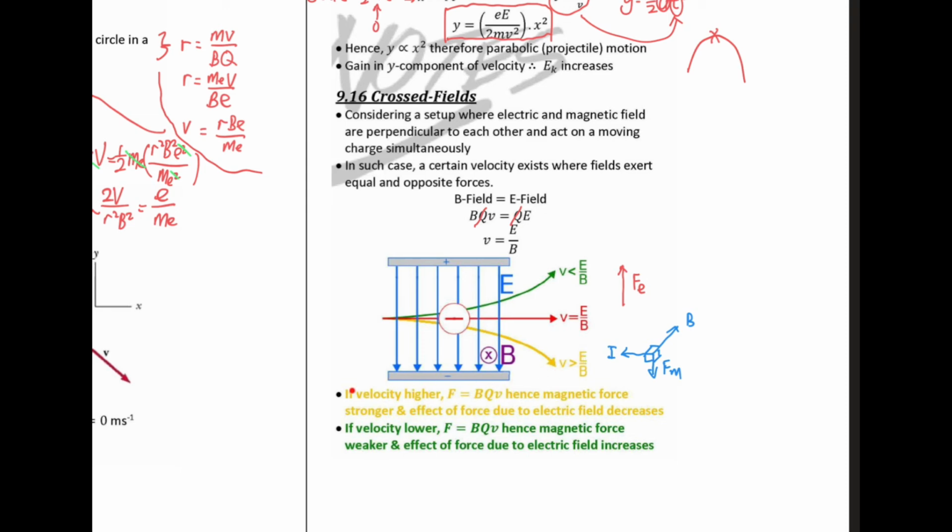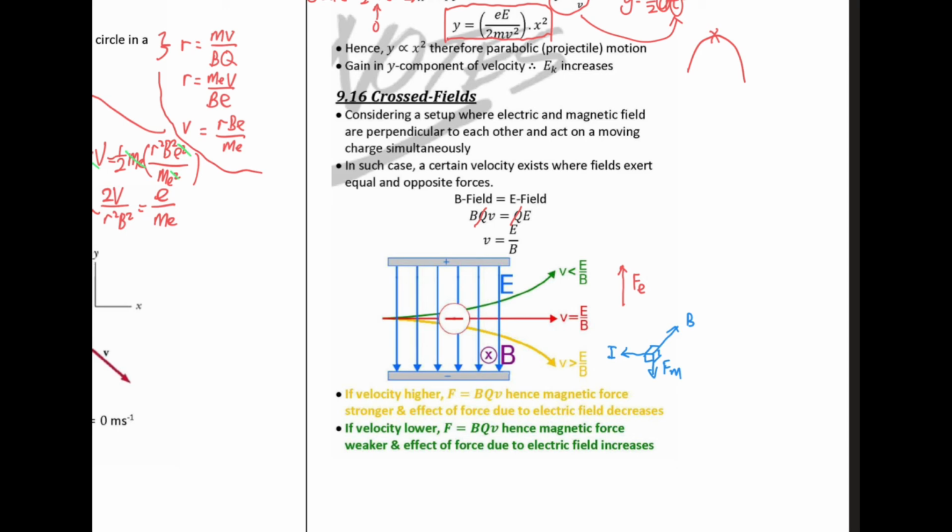So you can see here, if the velocity is higher, that means the moving charge is moving faster, then the velocity will affect the magnetic force. F equals BQV, you see the V is there, so it affects the magnetic force. Hence, the magnetic force is stronger, and the effect of the force due to the electric field decreases.